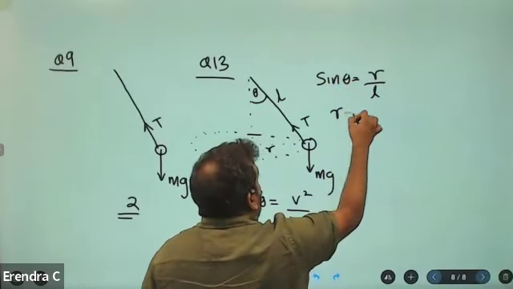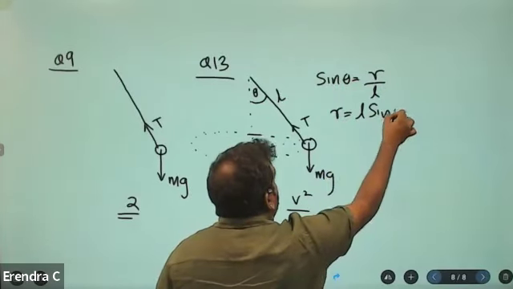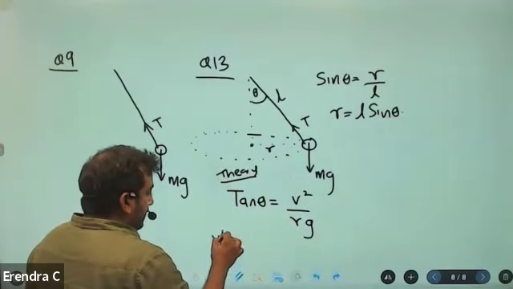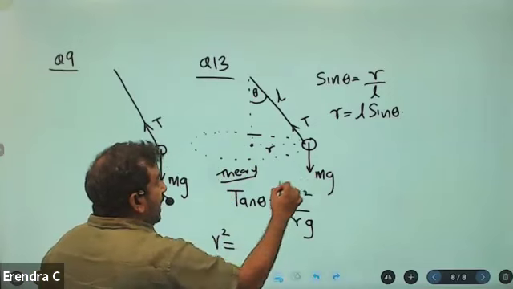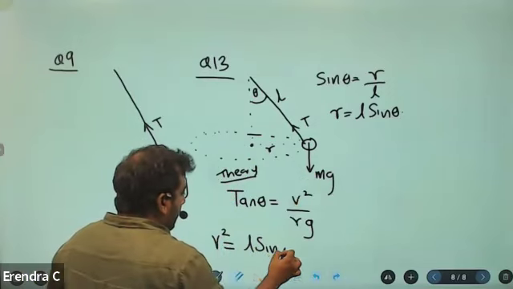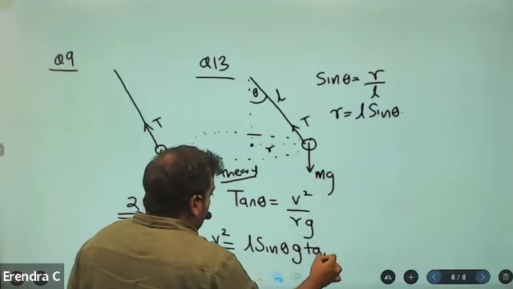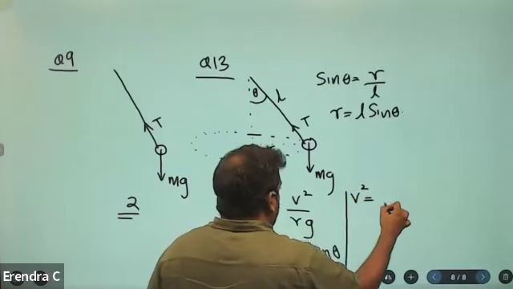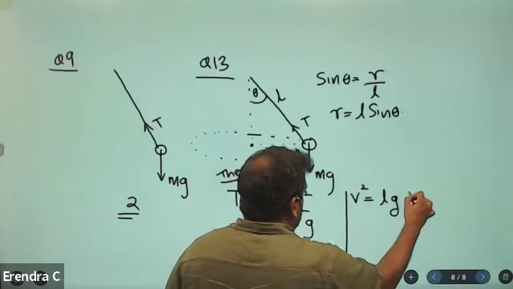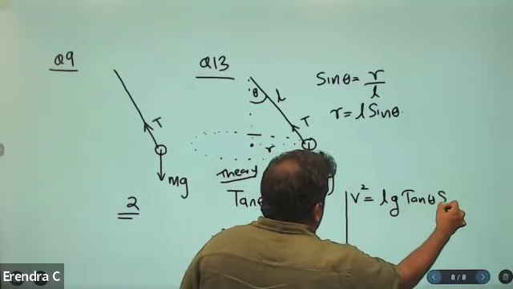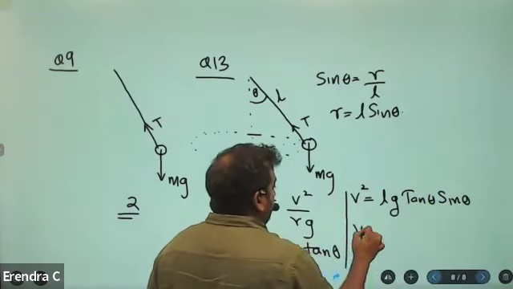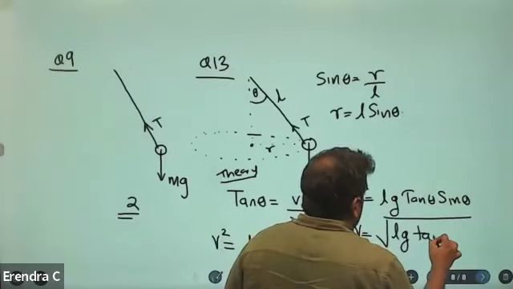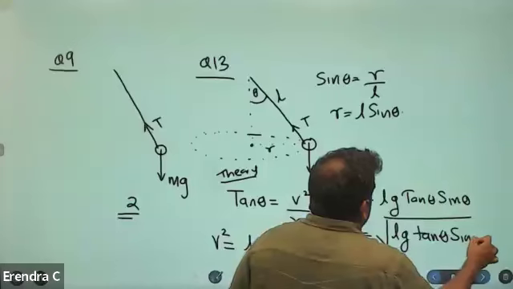Cross multiply, R is L sin theta. So if I substitute here, V squared is RG tan theta, R is L sin theta, so V squared is LG tan theta sin theta. Square root of LG tan theta sin theta.